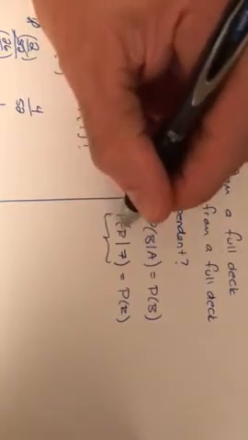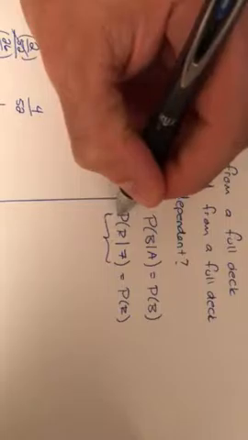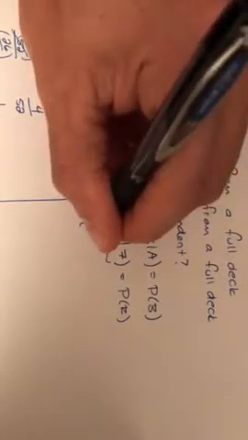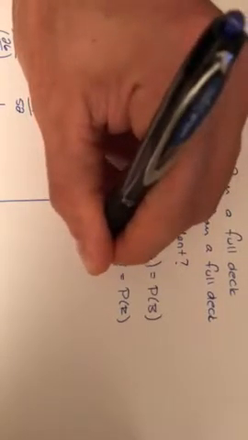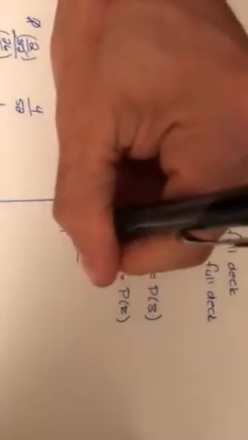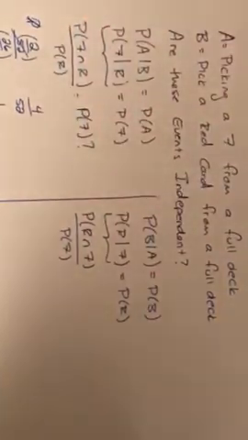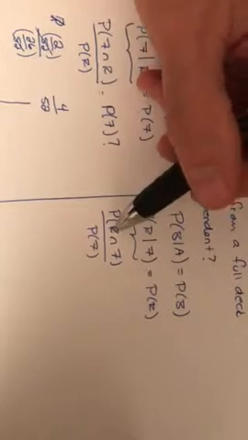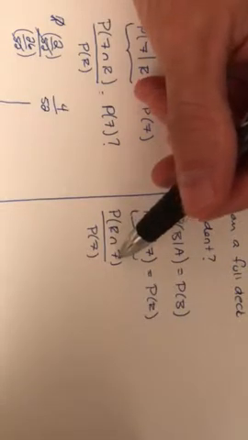All right. To find this probability on the left side, I'm using the formulas from yesterday. This would be the probability of picking a red card that's also a 7 over the probability of picking a 7. Okay, so again, in the deck, how many red cards are there that are also 7?